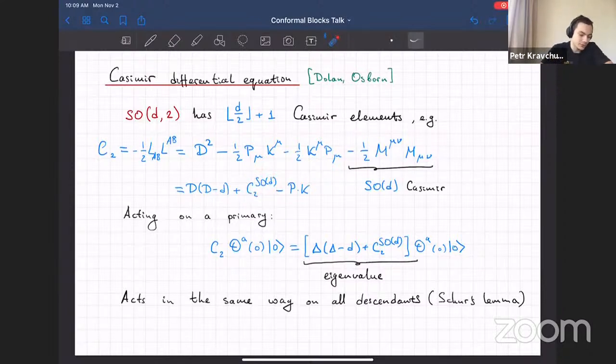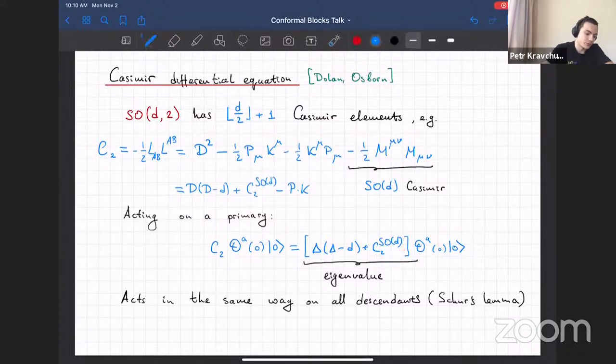And using this formula, we can compute, for example, the action of this quadratic Casimir on the primary operators. When we act with this Casimir on the primary operator, this term drops out because we have K to the right, so it annihilates to 0. Then this term just acts by delta times delta minus d, and this term just acts by the Casimir eigenvalue of the Lorentz group.